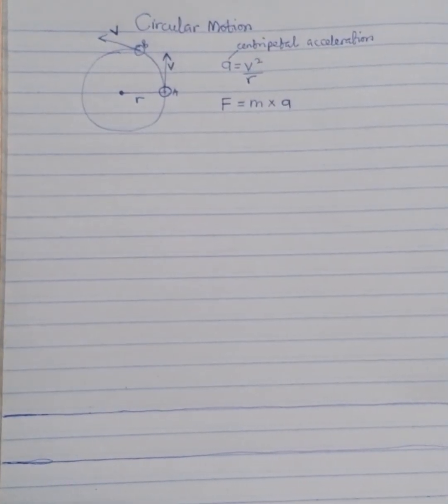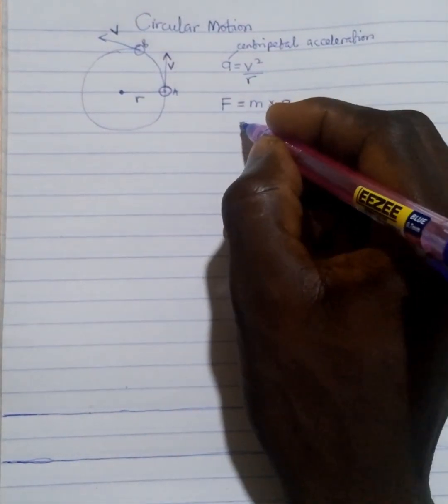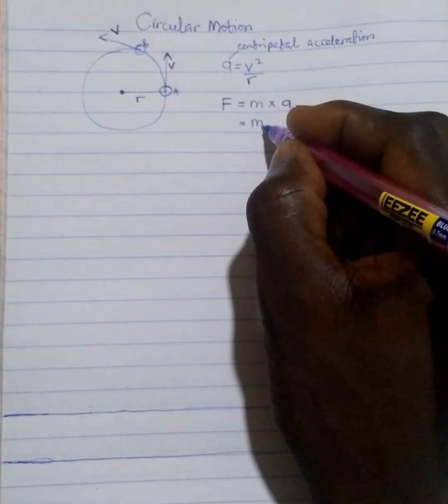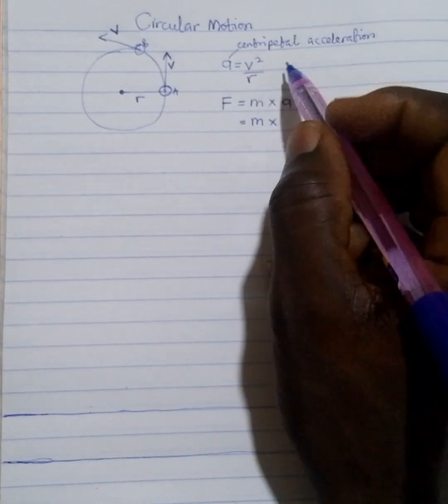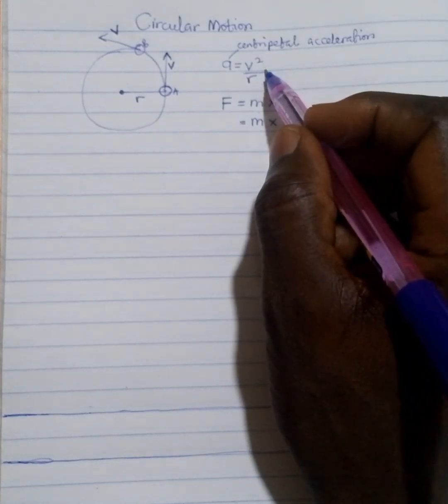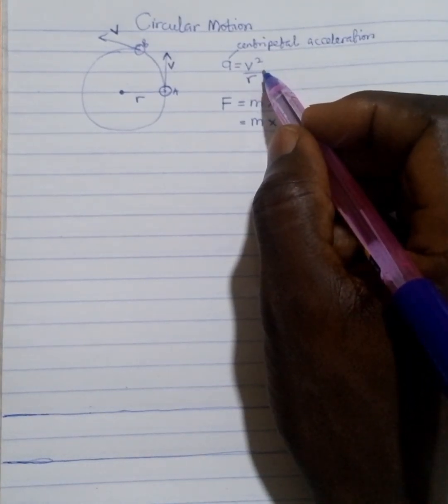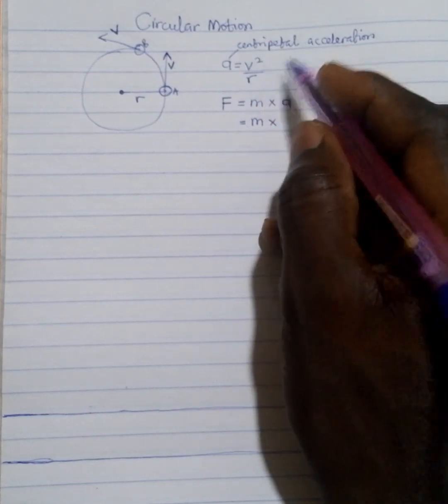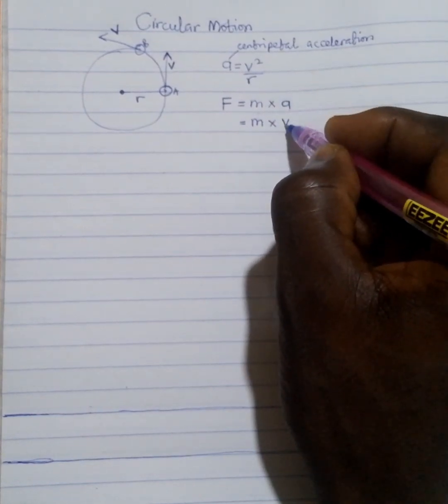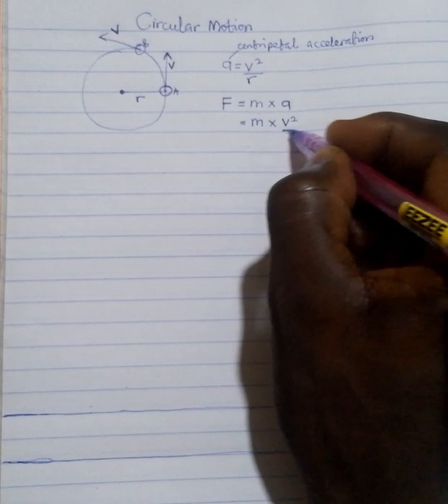Now, in this case, the mass of the stone is still m, but we have written a formula for the acceleration of the stone, which is v squared divided by r.